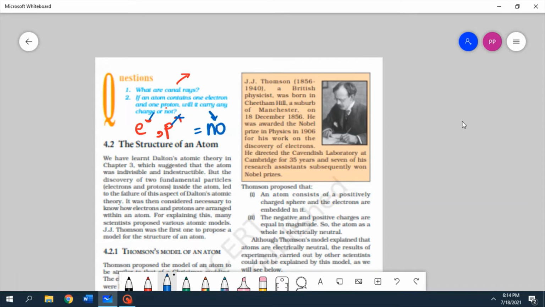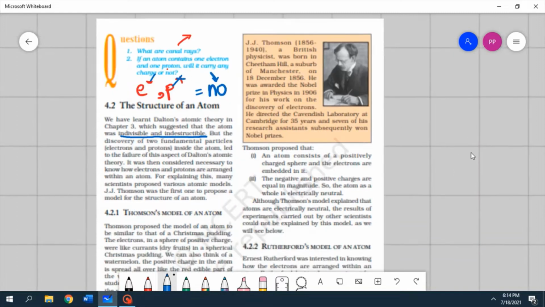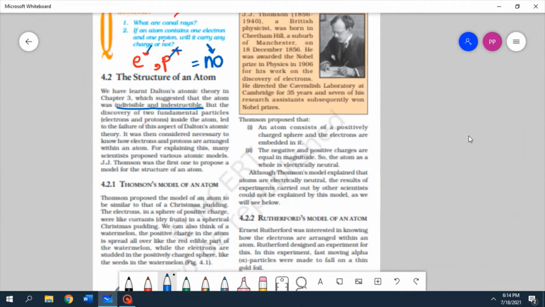For the structure of an atom, we learned about Dalton's atomic theory in chapter 3, which suggested that the atom was indivisible and indestructible. But the discovery of two fundamental particles called electrons and protons inside the atom led to the failure of this aspect of Dalton's atomic theory. So it was necessary to know how electrons and protons were arranged within an atom.